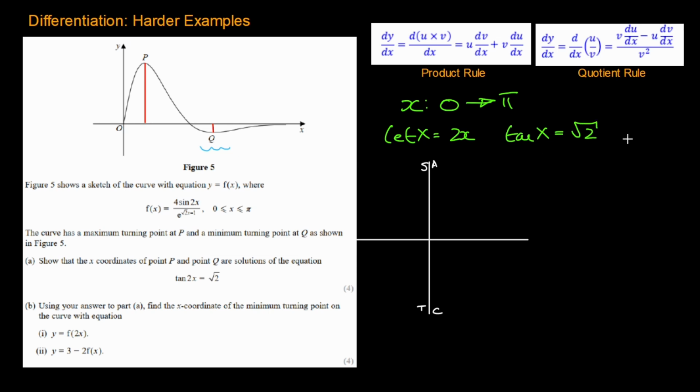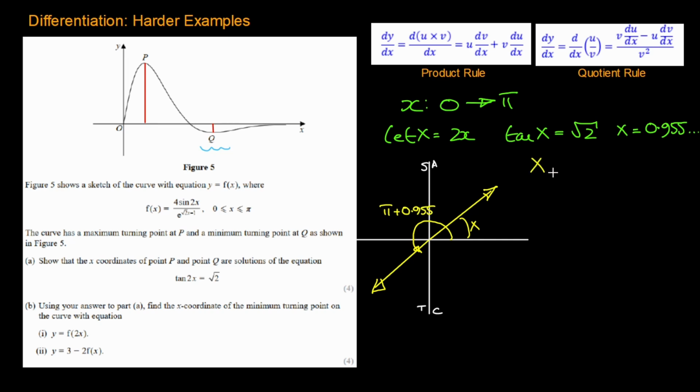And I get from a calculator in radians, I get that X is equal to 0.955... So that's somewhere that is X in that quadrant. The next one will be in quadrant 3, where this angle will be pi plus 0.955.